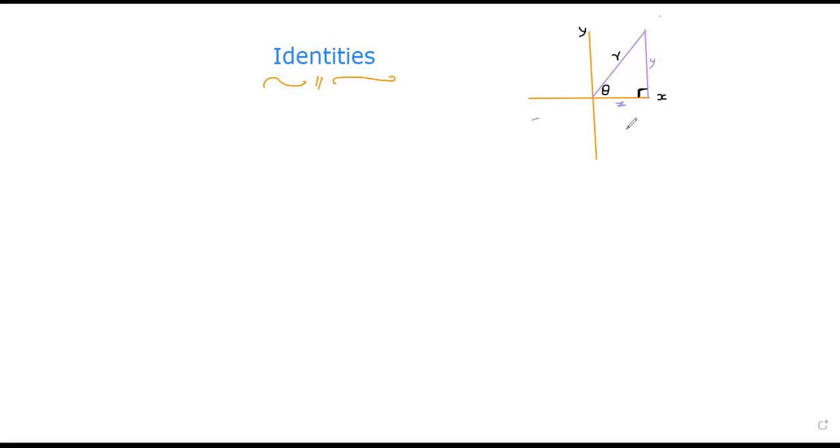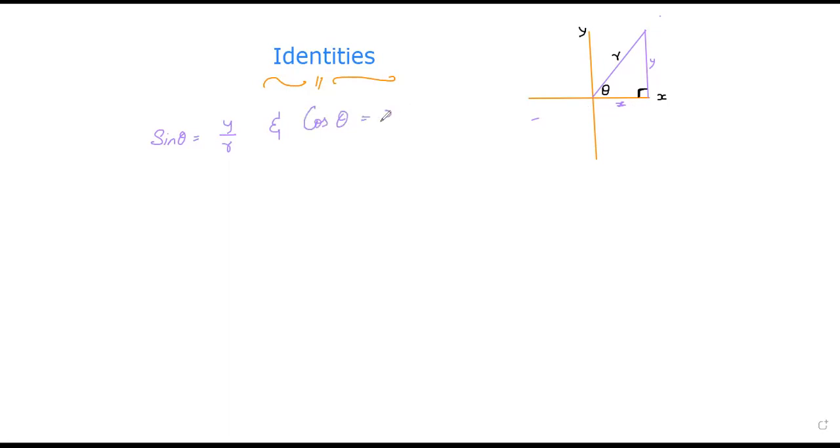Now, the sine of theta, by definition, is opposite, the side that is opposite theta, which is Y over the hypotenuse, and the cos of theta will be the side adjacent.